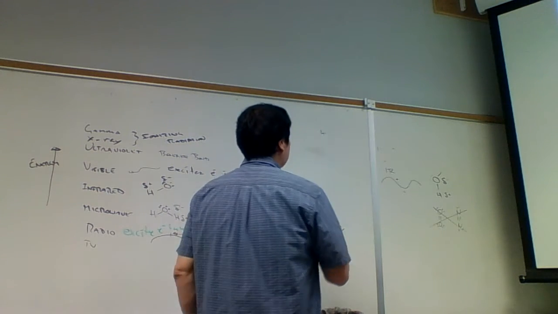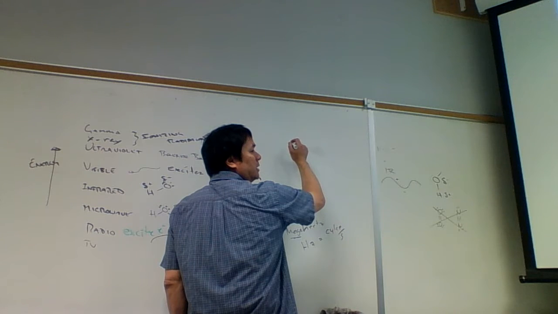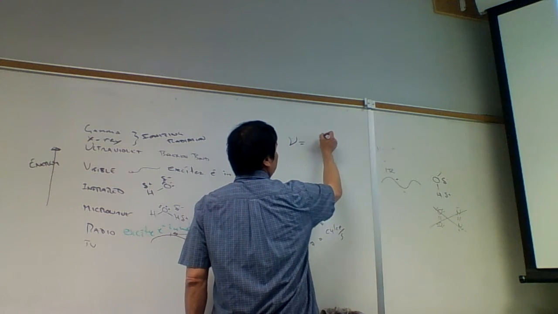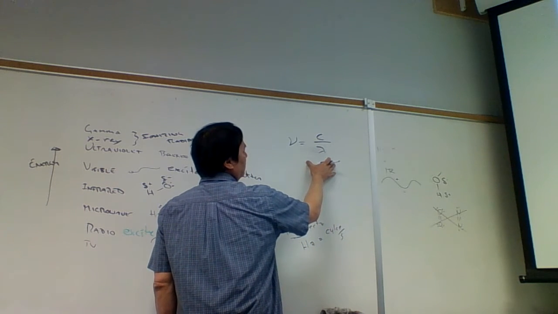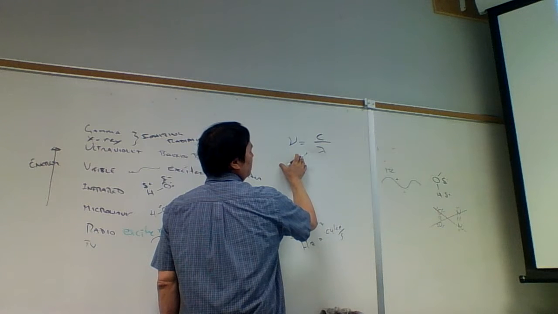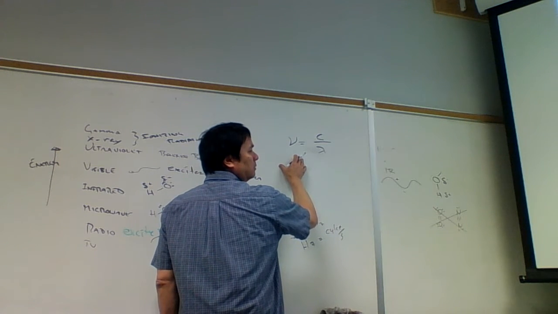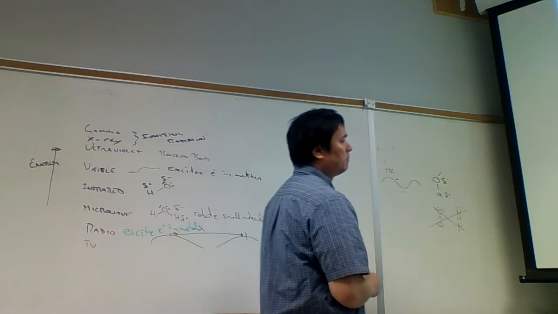So the relationship here is this. The frequency is inversely proportional to lambda. So the longer the wavelength, the lower the frequency. Is that right? Yeah. And the shorter the wavelength, the higher the frequency.